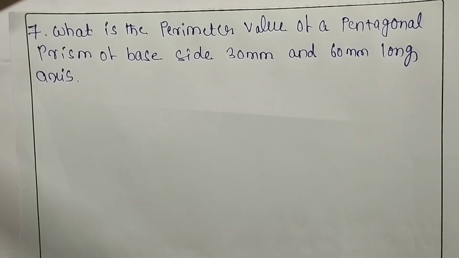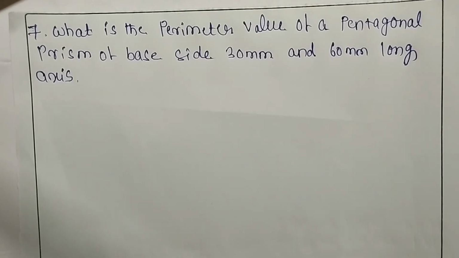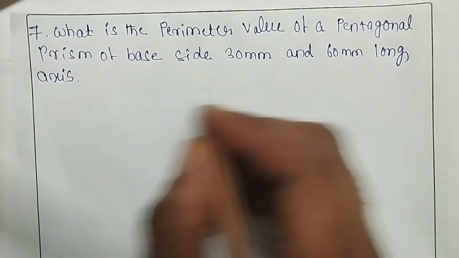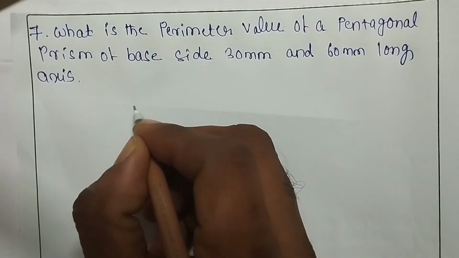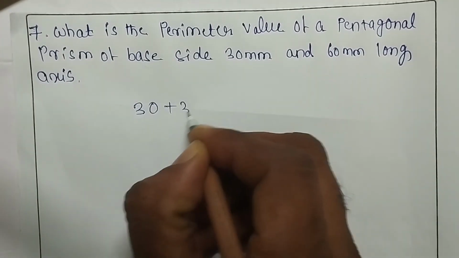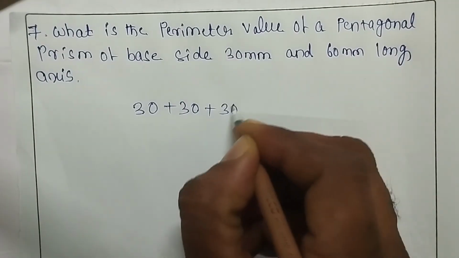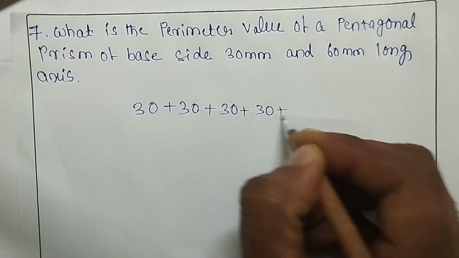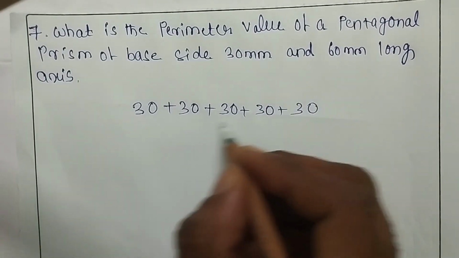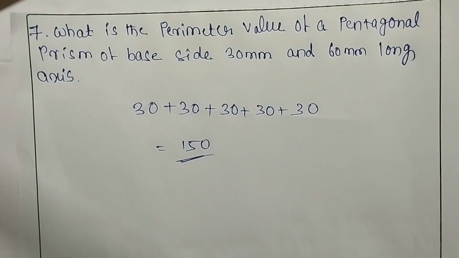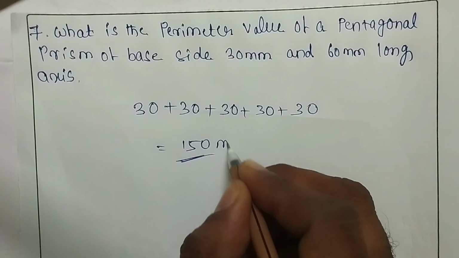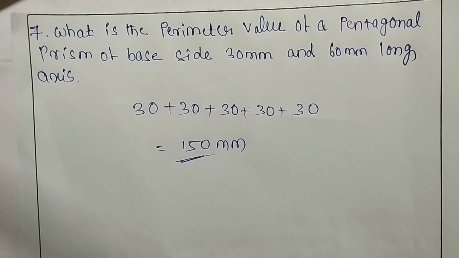So we need to add 30 plus 30 plus 30 plus 30 plus 30, five 30s, which is 150. This is the perimeter value: 150 mm is the perimeter of the pentagonal prism.